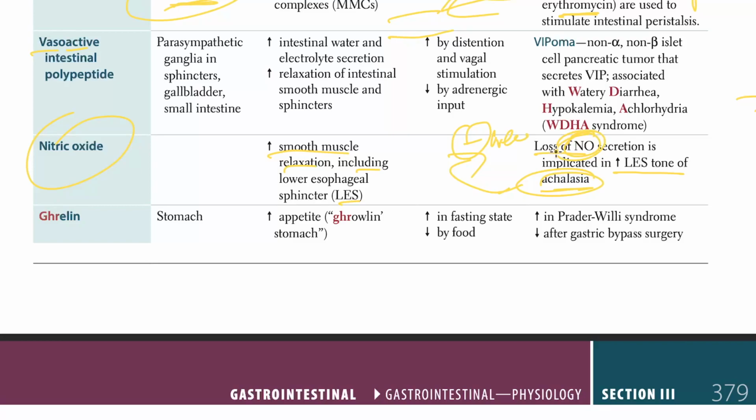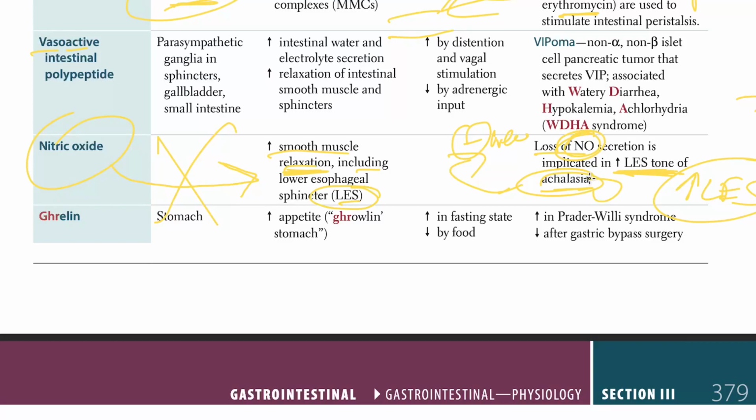But because of that, you have increased LES tone. Why? Because normally the NO was relaxing the LES. So when you don't have this, you're increasing the LES tone. You can't relax, and when you can't relax, that's achalasia.